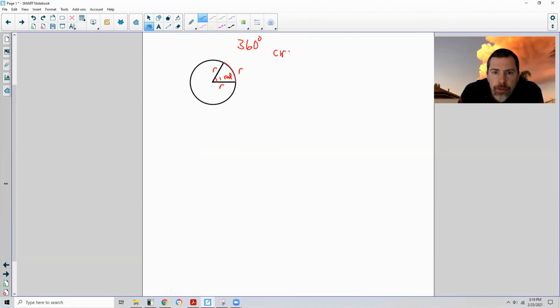Circumference equals 2 pi r. What the circumference means is, how many of these arcs would I need to get all the way around one time to equal 360 degrees? So now I'm going to say the number of arcs equals 2 pi times the radius.